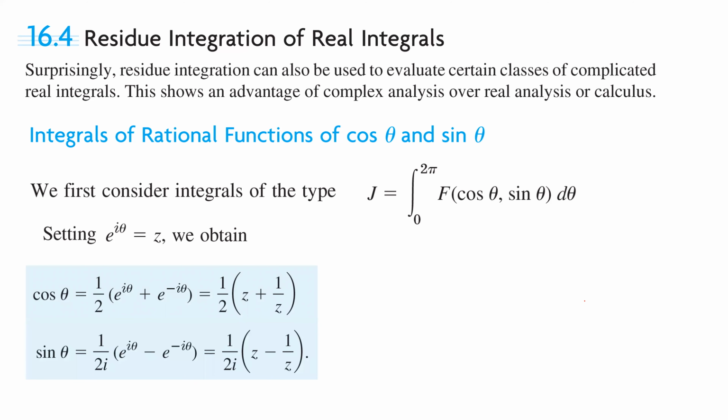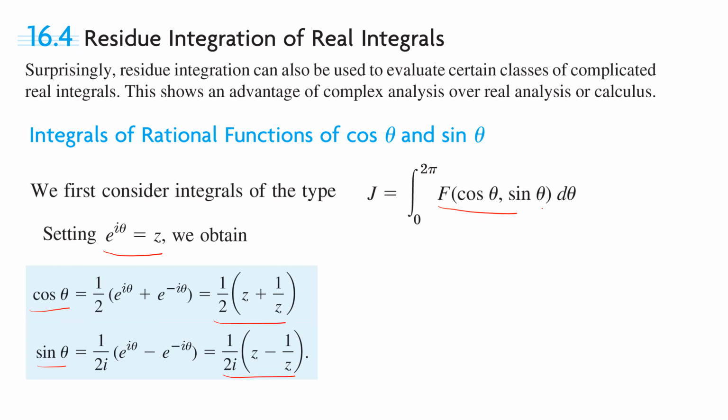And sine theta is 1 over 2i times e to the I theta minus e to the negative I theta. So it becomes 1 over 2i times z minus 1 over z. So if we take this change of variable, we can write cosine theta and sine theta in terms of z.